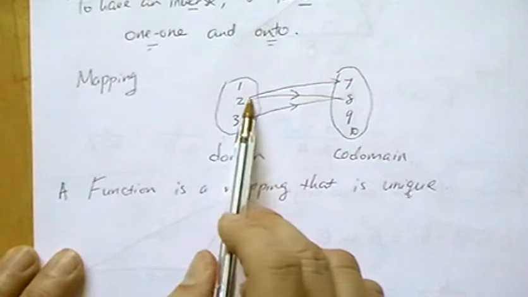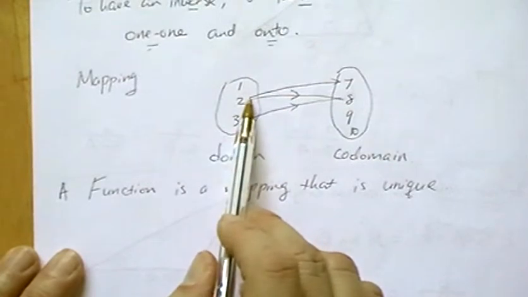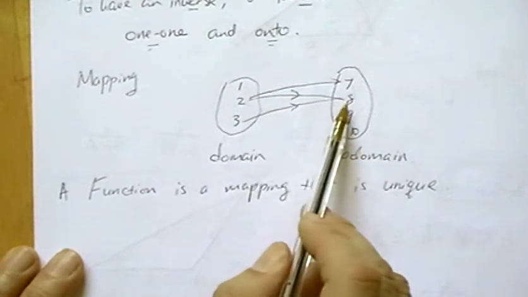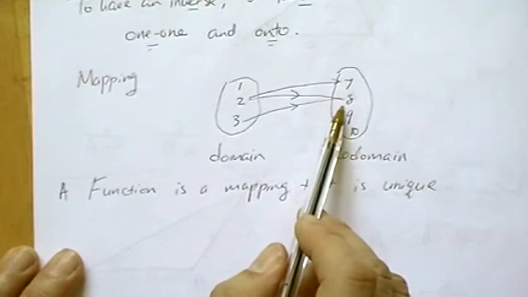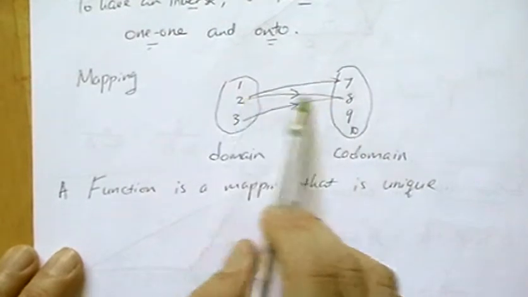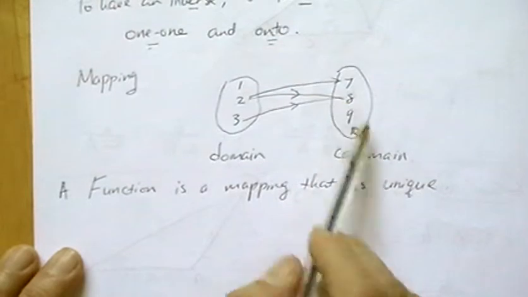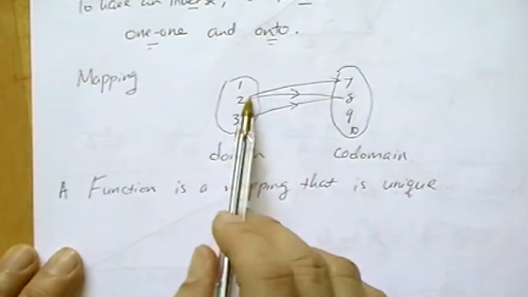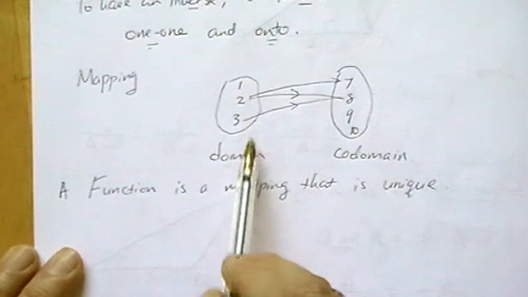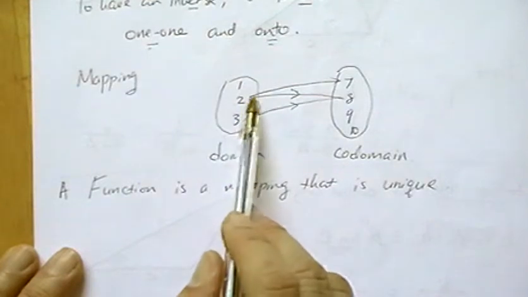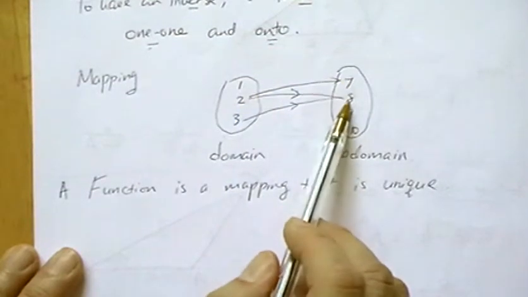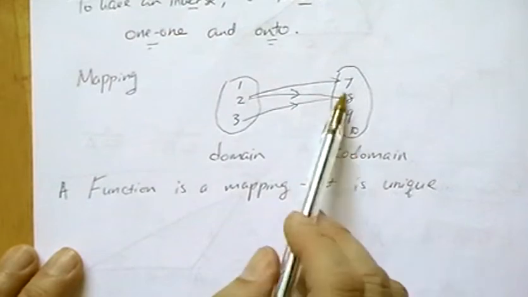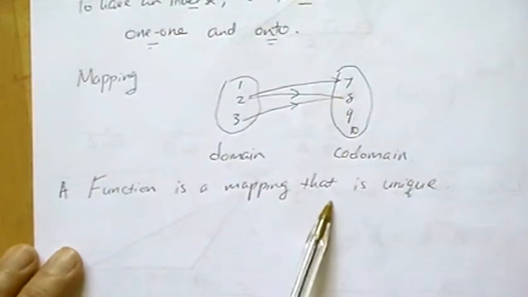Meaning that this mapping gives a single answer in the codomain, or is mapped onto a single element in the codomain. If an element in the domain is mapped onto 2 or more elements in the codomain, it is not unique, and then we say that it is not a function.